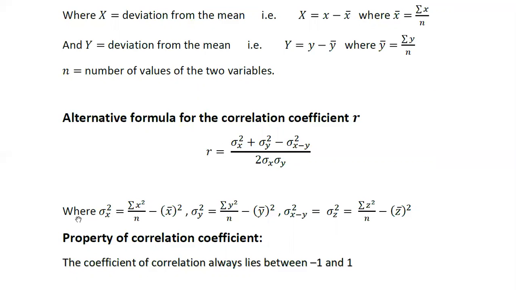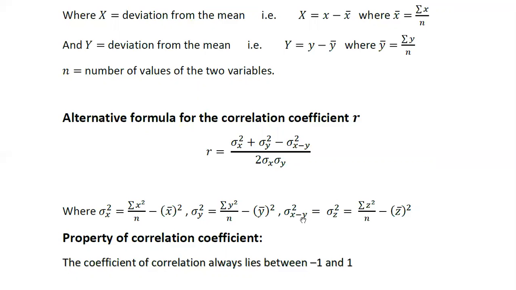So here sigma x square can be calculated by using the formula summation x square by n minus x bar square, and sigma square y is equal to summation y square by n minus y bar whole square, and sigma square of x minus y is also equal to sigma square of z.